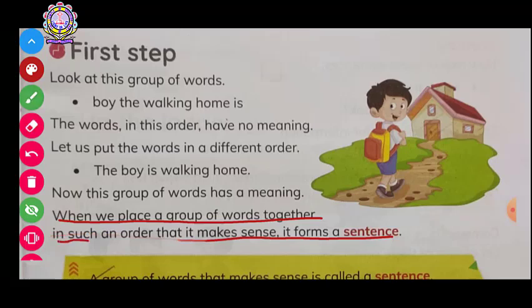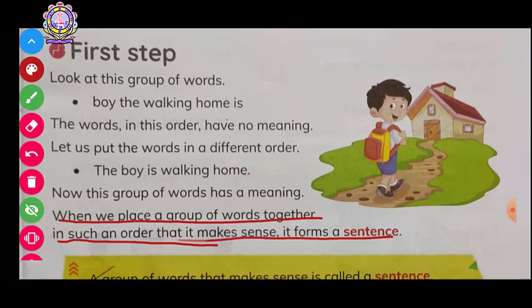Now this is saying that when we add a group of words in such an order that it makes complete sense, then it forms a sentence.